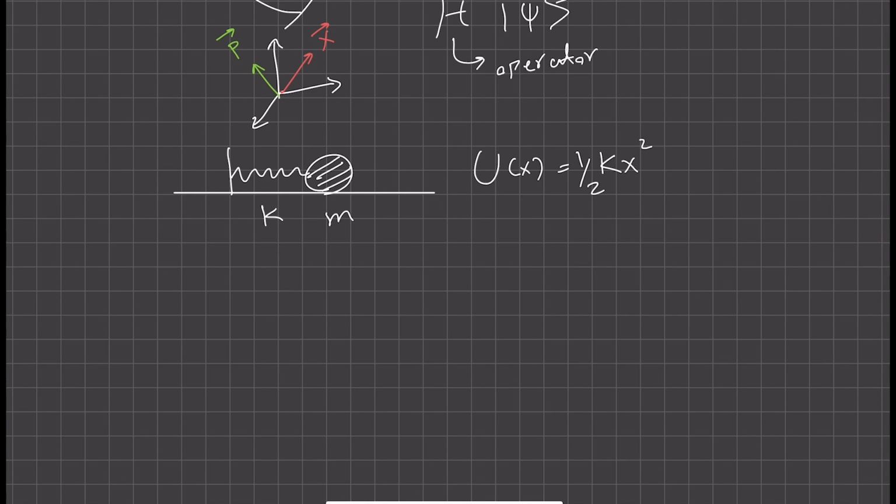So if the potential might not be as simple as kx squared, it can be expanded to the first order term into the kx squared. So in that sense, the simple harmonic oscillator is the simplest approximation of any potential, and it does a good job in modeling the oscillation back and forth of location and the momentum of the particle.